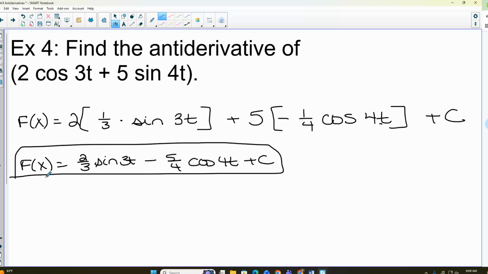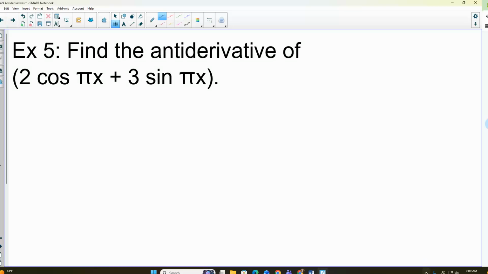Why don't you guys see if you can figure out the next one? Remember, pi is just like any other number. So we have a 2. What has a derivative of cosine? The angle would stay the same, so what do we have to put in front to undo the chain rule? Here we have a 3.